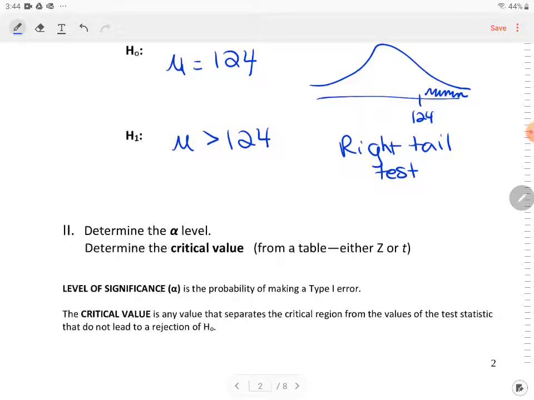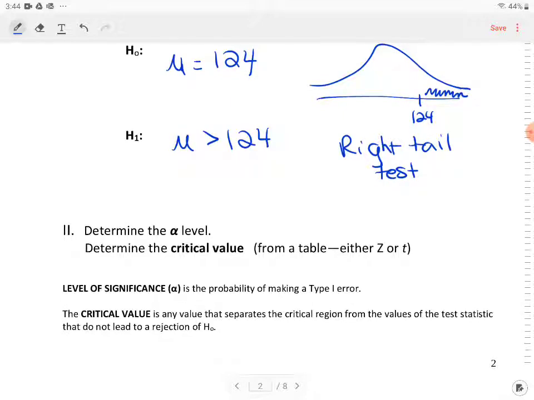Okay, determine the alpha level. Determine the critical value. And the critical value was the z-score or t-score, depending on what distribution it is. Alpha is the probability of making a type 1 error. The critical value separates the critical region from the values of the test statistics that do not lead to a rejection.